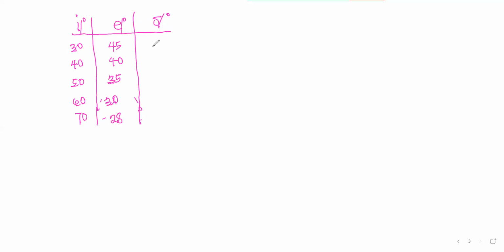Angle of deviation, we have 35, 30, 32, 37, and 45. So these are what goes into the table of value.